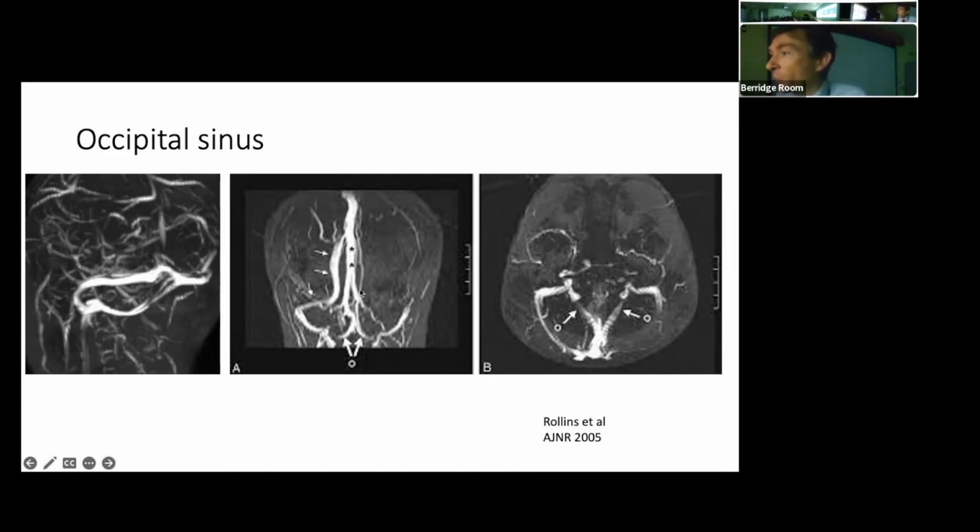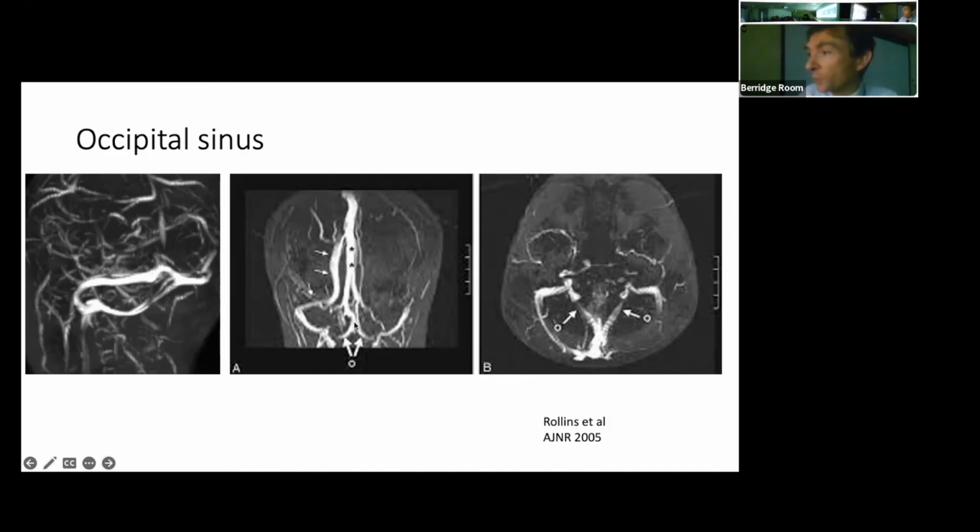In this paper, they had this case where there's a variant of anatomy with a very high torcular. So this is one of the transverse sinuses, drooping down, and then the other one is over here. So it's quite a strange arrangement of veins that this child has.